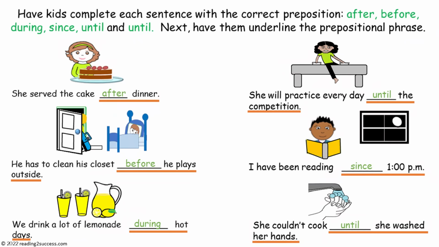He has to clean his closet before he plays outside. We drink a lot of lemonade during hot days. She will practice every day until the competition. I have been reading since 1 p.m. She couldn't cook until she washed her hands.